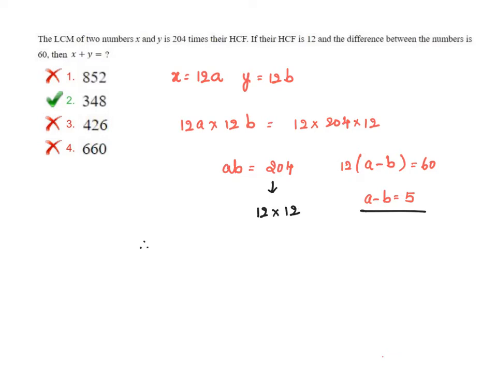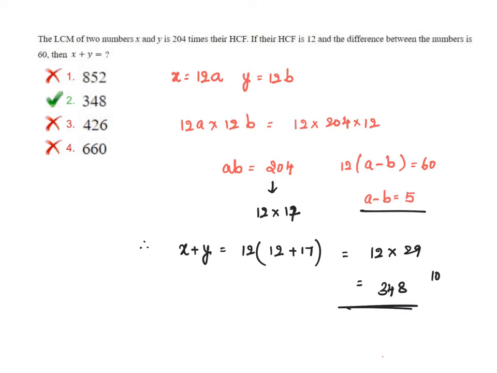Therefore, the sum x plus y is 12 into a plus b. This is 12 into 17, I'm sorry. So you can write it as 12 and 17, the difference is 5, you can see there. Now 12 into 29, 12 9s are 108, 12 2s are 24, plus 10, 348. So it is 348.